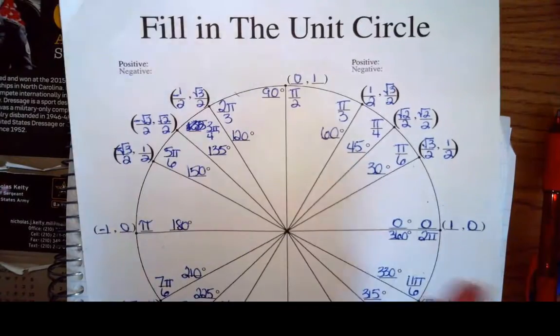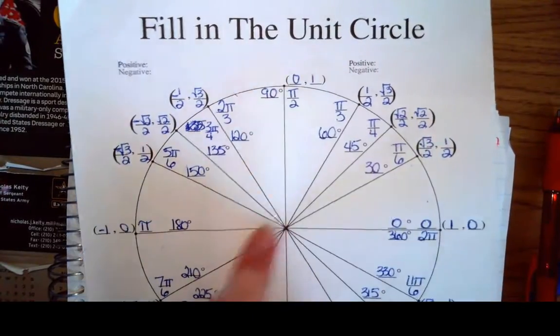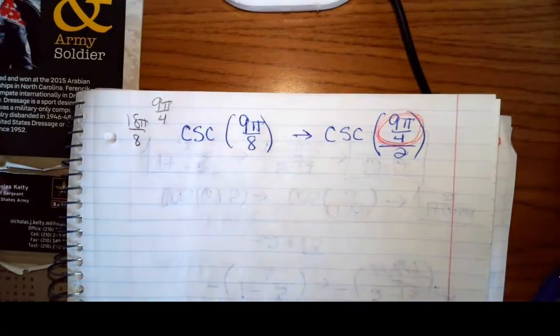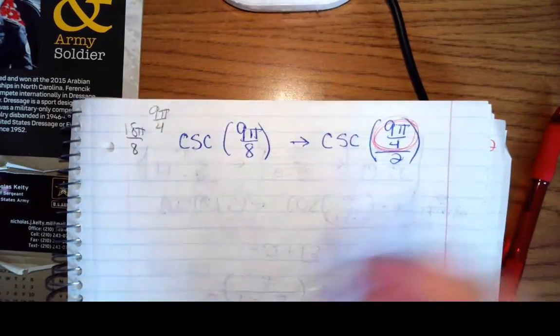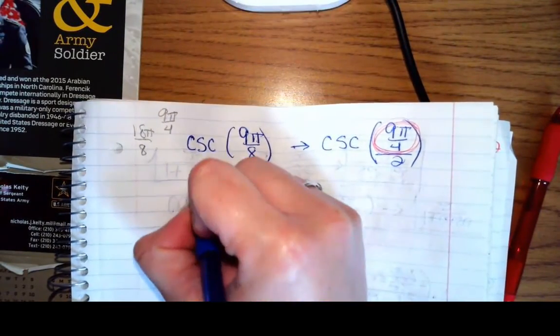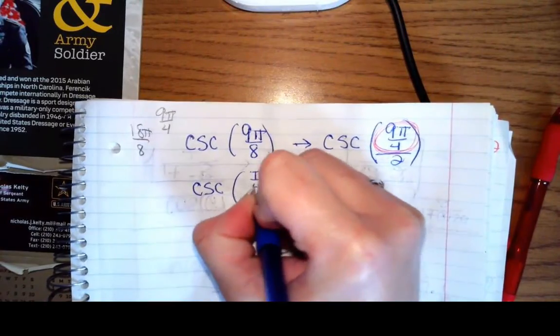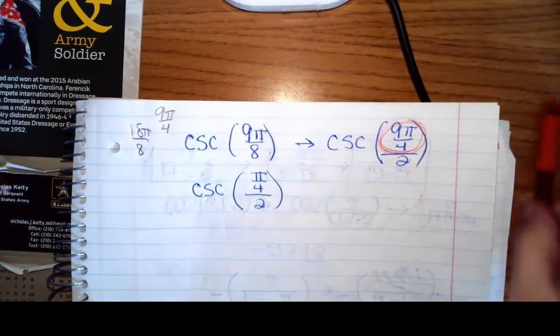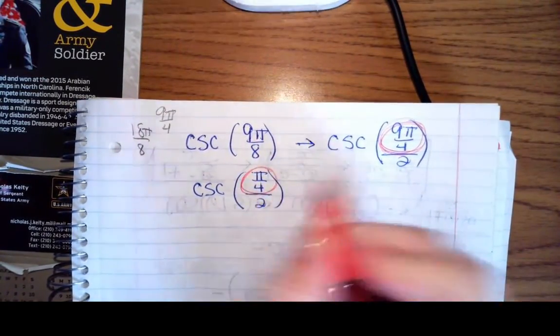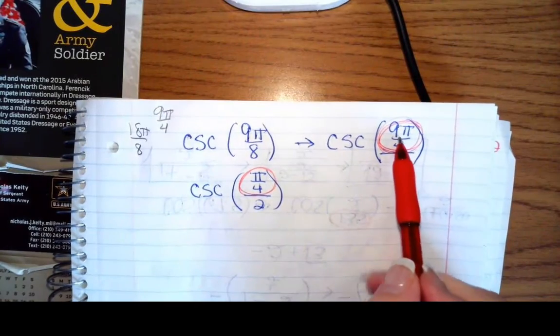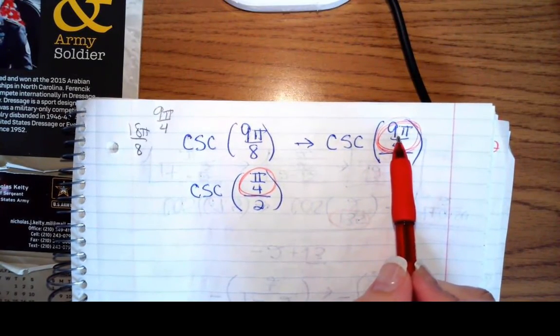So 9 pi over 4 is coterminal with pi over 4. So I'm going to go ahead and write this thing as pi over 4. So I've got the cosecant of pi over 4 over 2. So now this is the angle measure I'm really excited about, because that one took me into a second lap of the unit circle.